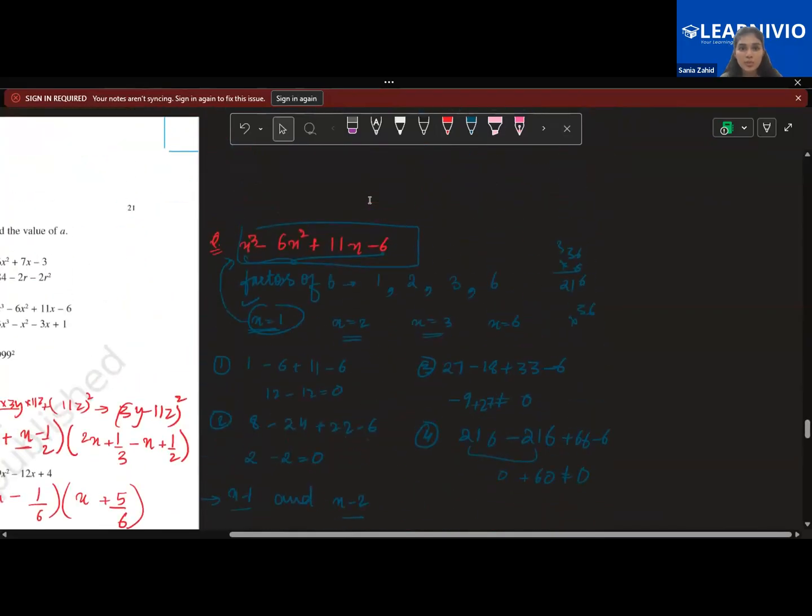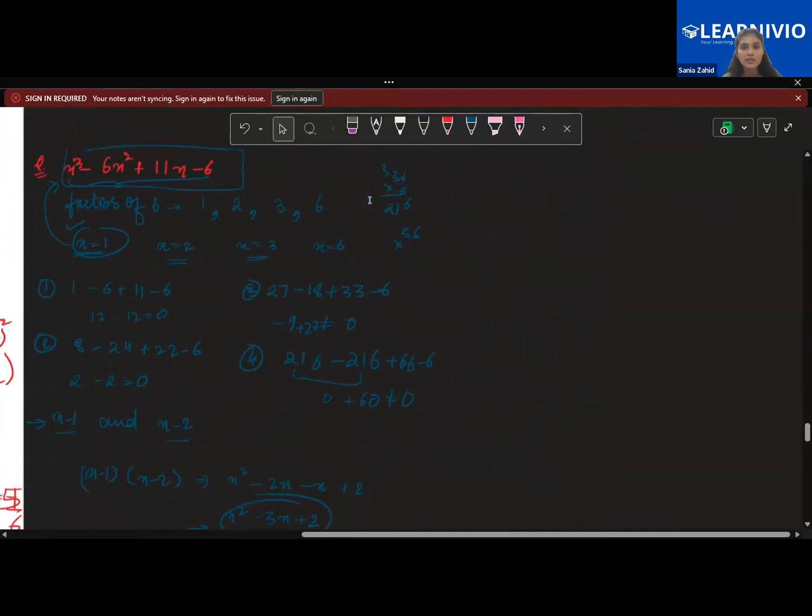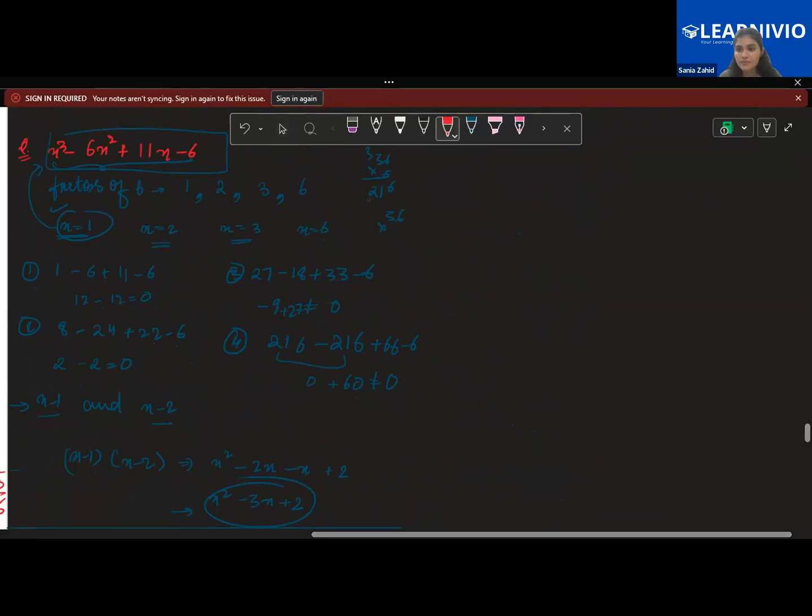So children, please quickly copy this and tell me if you have any doubts or do you understand or not. Yes. Everyone copy it.